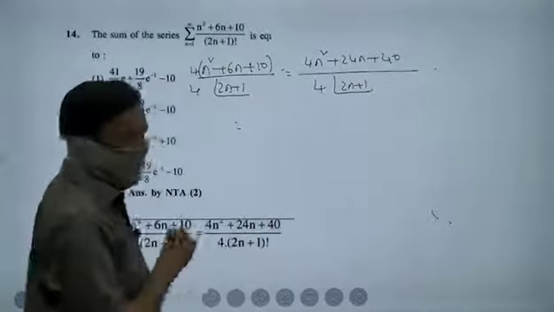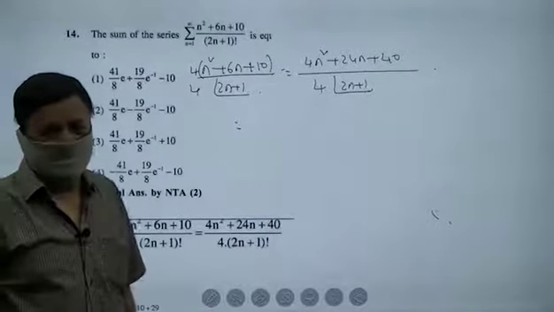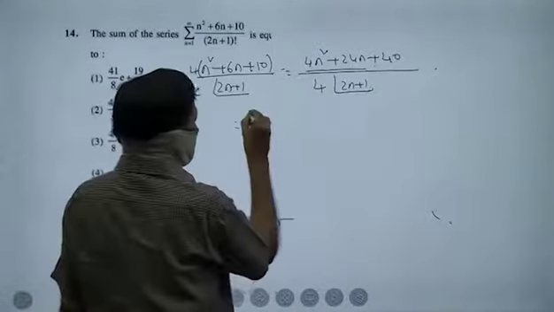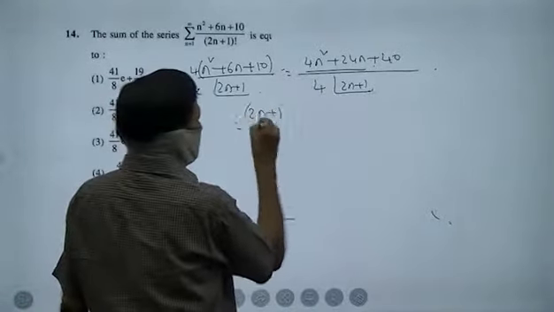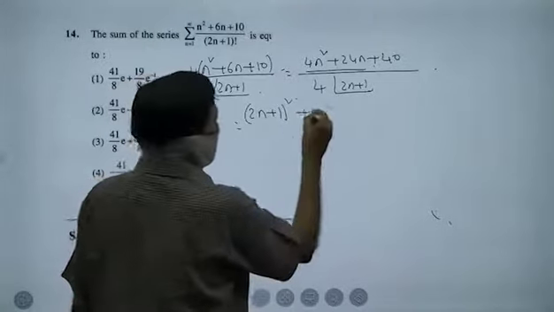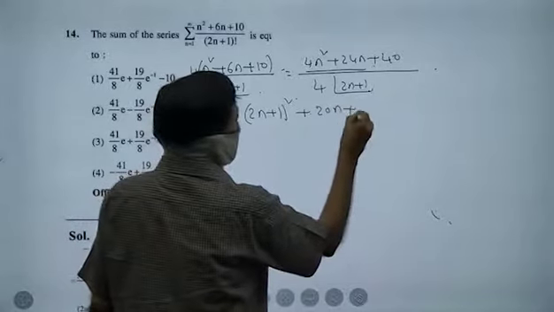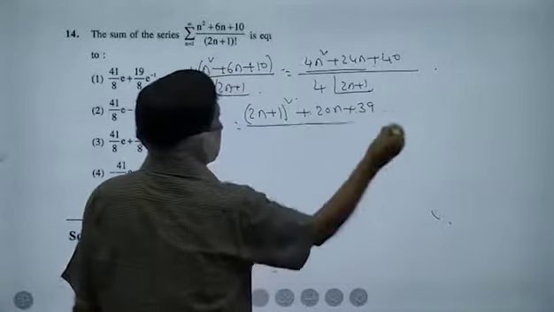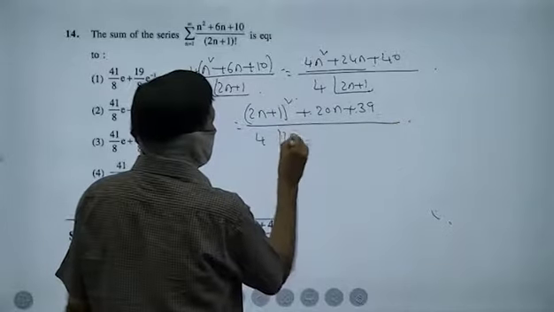My idea is to write 2n plus 1 whole square, right? So this will become what? 2n plus 1 whole square plus 20n plus 39 by 4 into, okay, you will get like this.